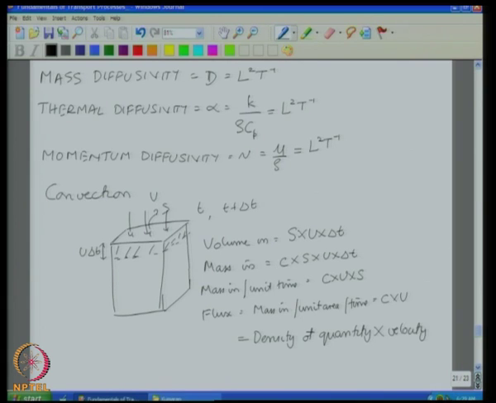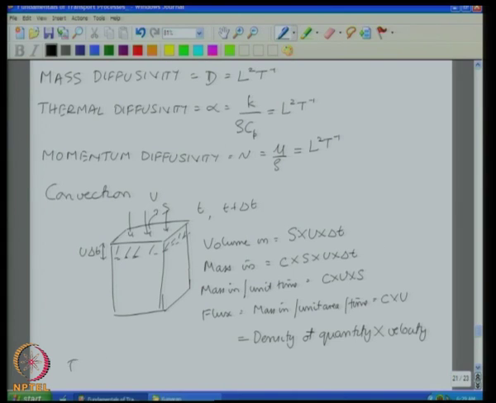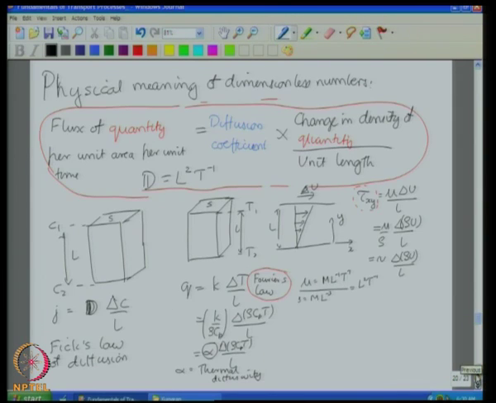Now, the flux due to diffusion is equal to diffusion coefficient into the change in density divided by length L. The flux of quantity is equal to diffusion coefficient times change in quantity divided by the length L. That is the flux due to diffusion.